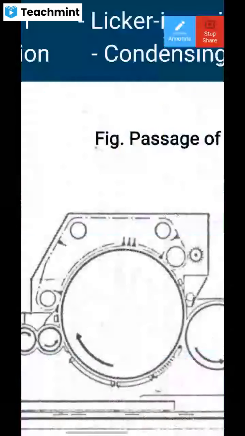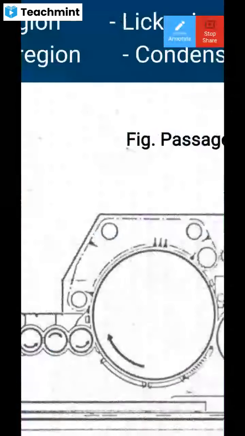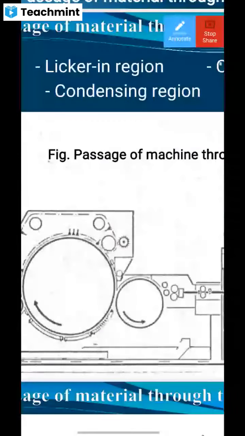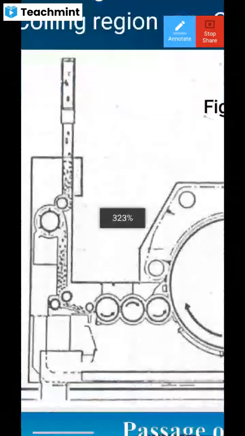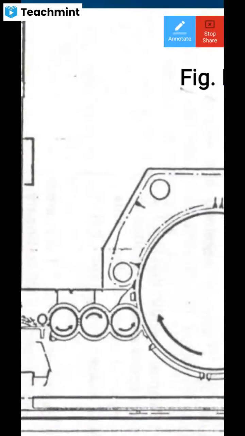Here you see the schematic diagram of the tube feeding system. The passage of material through the card. Now you see the flock feeding attachment. Flock feeder, we have a condenser and fan and the material is transferred to the bottom area. And now 3 lickerins are available, continuous 3 lickerins. So the mote knife lickerin, 3 pairs, 3 sets. After completion of the lickerin zone, mote knives are available in the bottom of the lickerin as well as the lickerin undercasing. 50% of the lickerin undercasing is slot form.